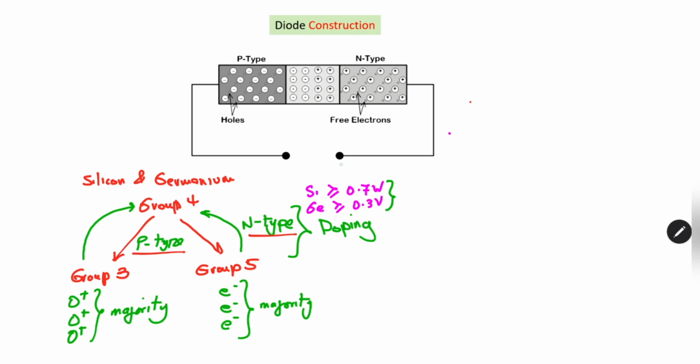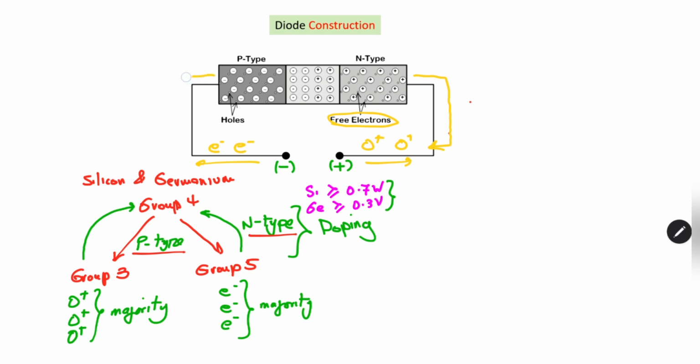And what will happen if we connect positive to the n-type region and negative to the p-type semiconductor material? We now know that there will be more and more holes in this region flowing in this direction, and in this direction there will be a lot of electrons in this region. For the n-type, since it has more free, loosely bound electrons, all these electrons now will move in this direction to bond with all the holes.